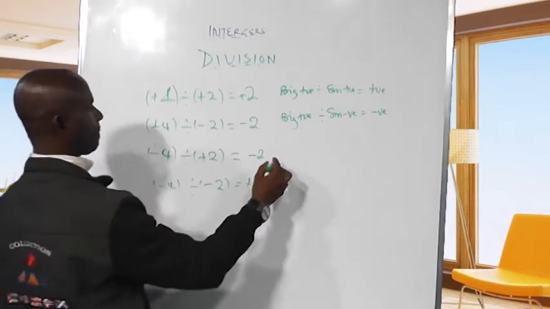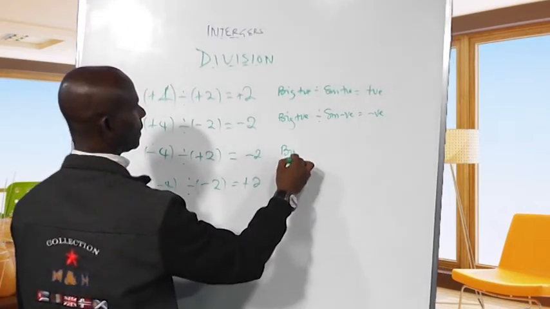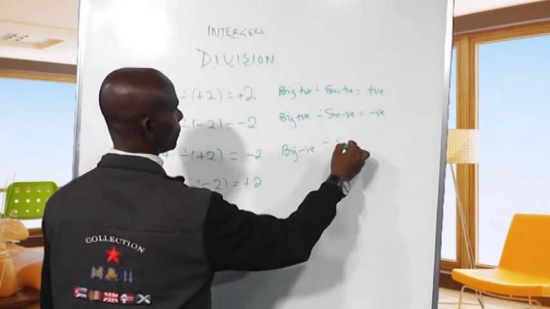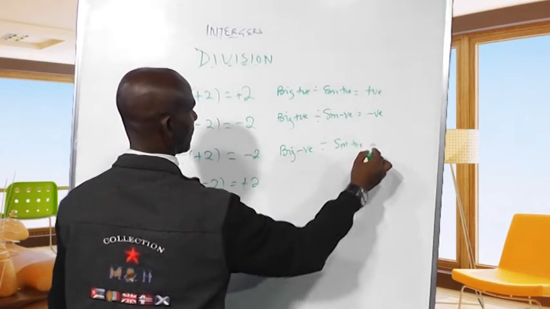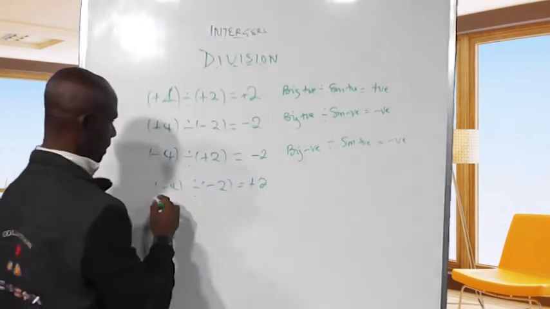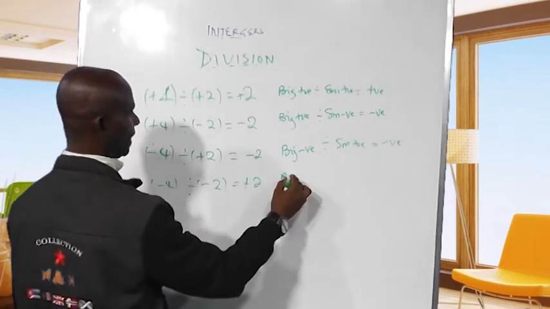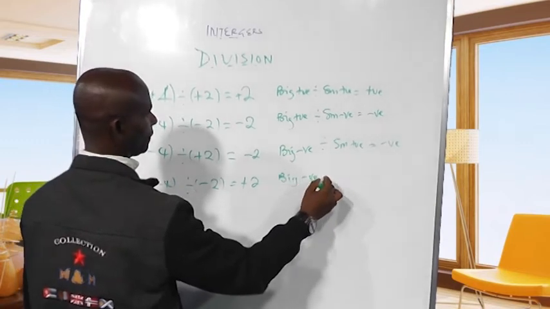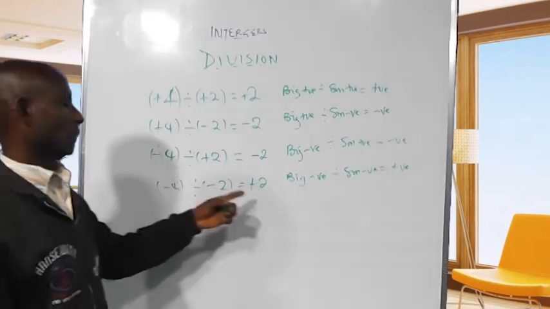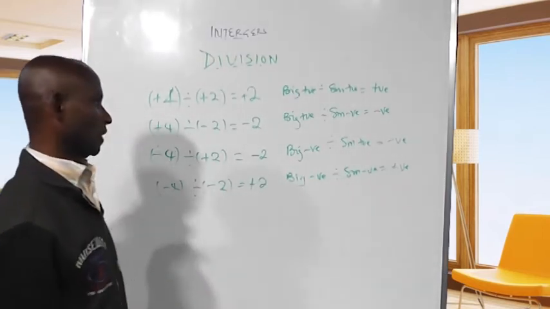Here we have a big negative divided by small positive. Our answer is negative. And when we divide a big negative by a small negative, we have a positive.